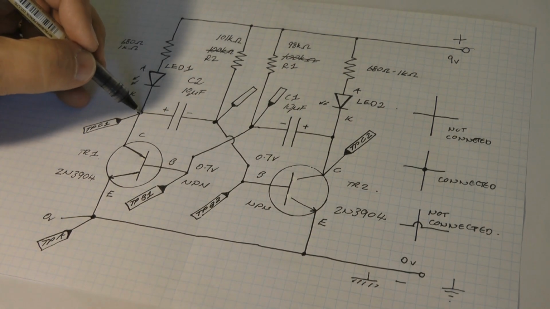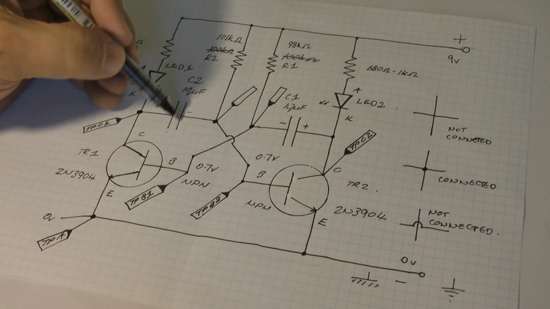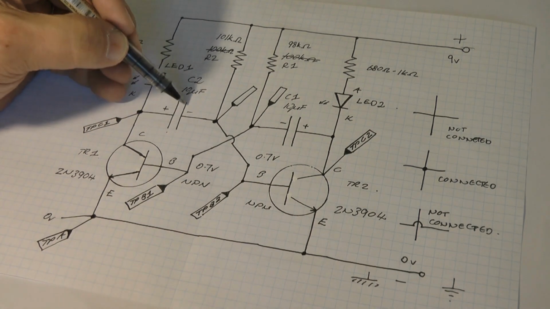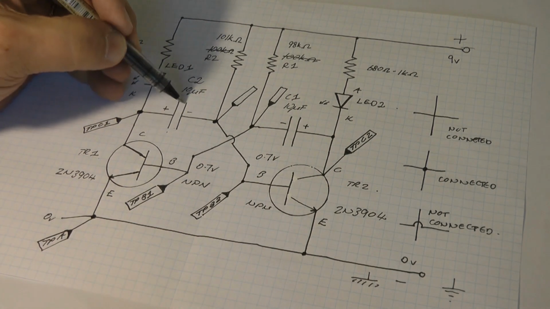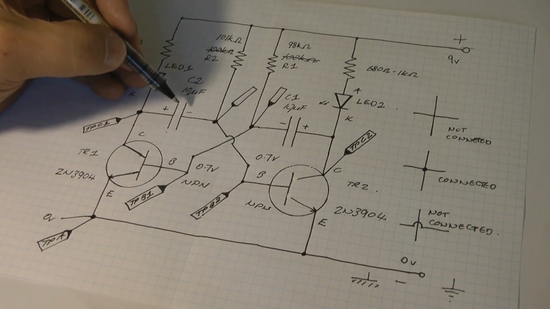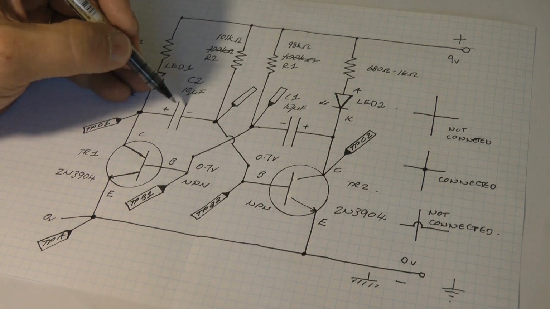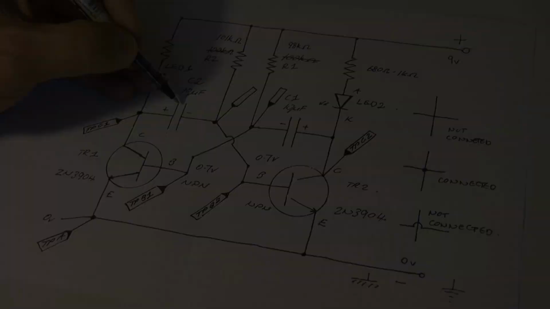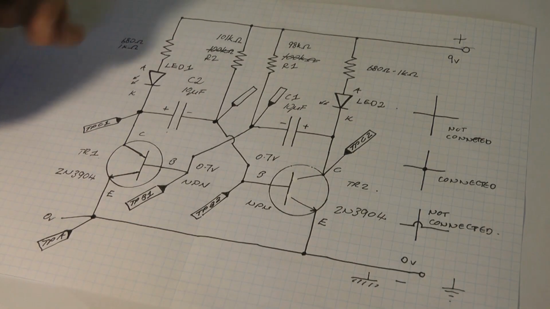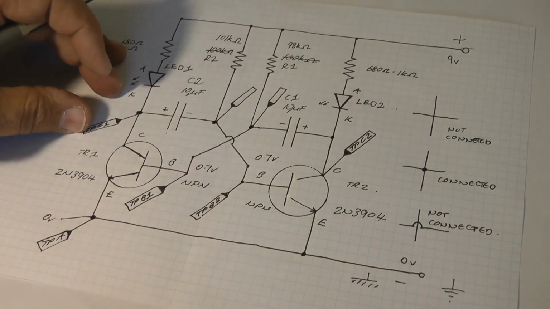But now the capacitor was previously charged up. So the capacitor at this point is looking a little bit like a battery. In other words, it's got a little bit of electricity stored up inside of itself. This is where a fascinating thing happens in this particular circuit.